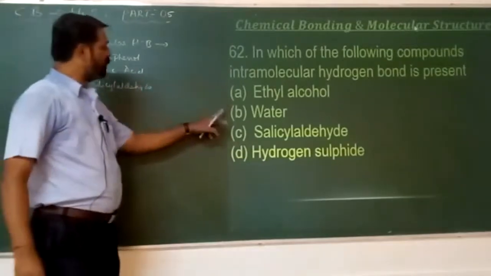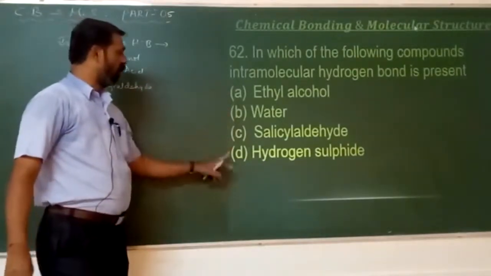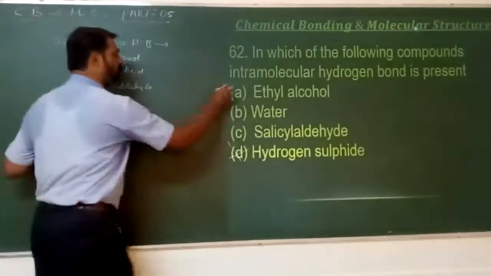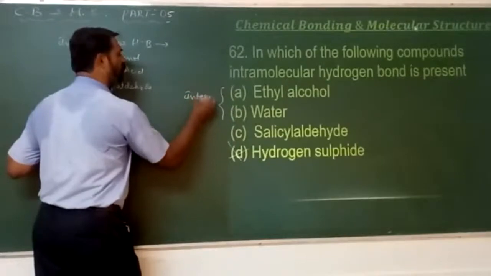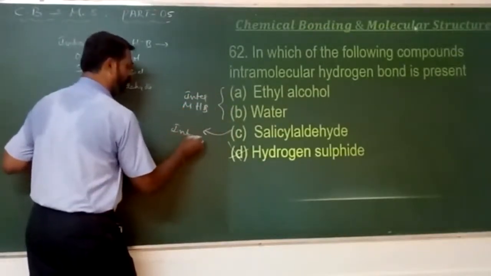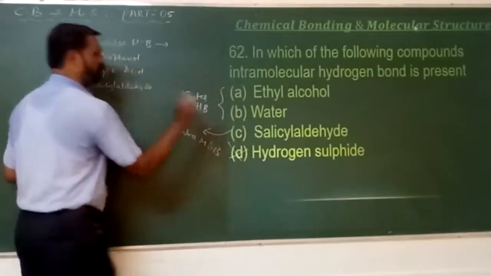This is inter: ethyl alcohol, water and hydrogen sulfide. First, this doesn't have hydrogen bonding. And these two have intermolecular hydrogen bonding. So that is for example.